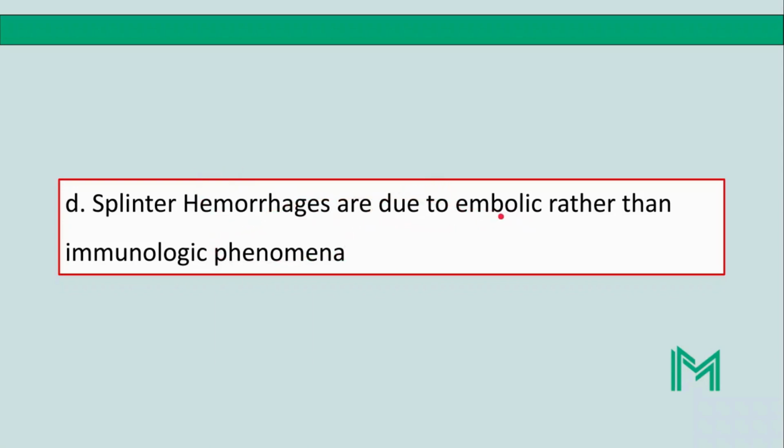It can be due to embolic phenomena, it can be due to immunologic phenomena, it can be due to trauma, it can be drug induced. So this is a false statement. Splinter hemorrhages have various causes, including immunological causes and infectious causes, where septic emboli are implicated.